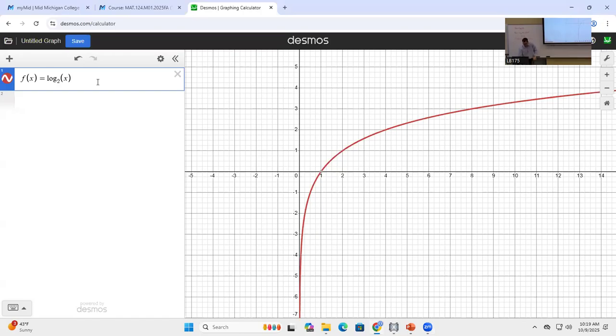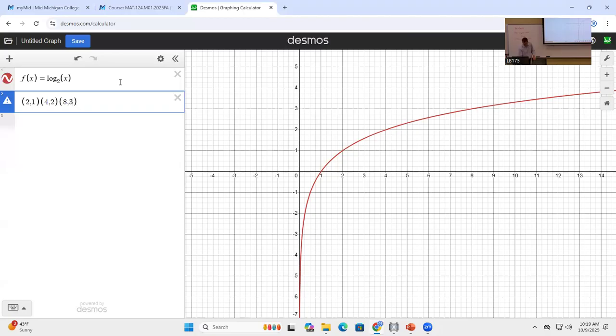By the way, let me just plot some points. Notice again, 2, 1 is a point. Notice that 4, 2 is a point. And notice that 8, 3 is a point on this graph. Because 2 raised to the first power is 2, 2 raised to the second power is 4, 2 raised to the third power is 8.